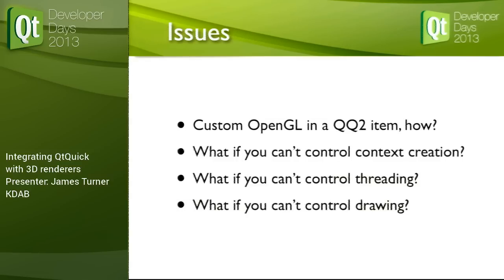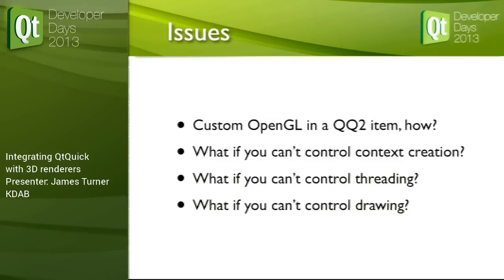What if we've got a rendering library, which is a modern high-performance scene graph, like OpenSceneGraph, that wants to control its own threading? Or what if we've got a rendering library that wants to actually run its own event loop, like app.exec does in QApplication, and control its own drawing? In all of those cases, what we just saw isn't going to fit. We haven't got a nice simple render call that we can call into and things will happen. Well, we may not do.